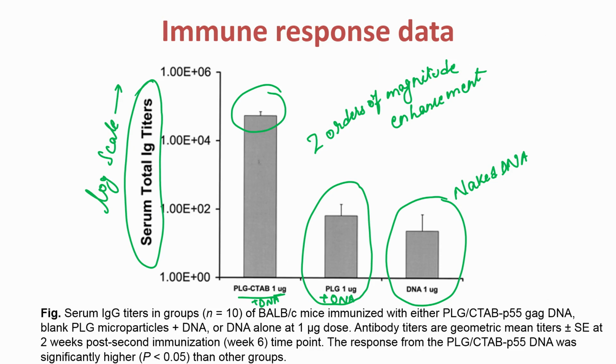So, we have now talked about 3 systems. We have talked about cationic polymers, these form complexes. We have talked about PINC system, which is a non-condensing based system, and these do not form complexes.